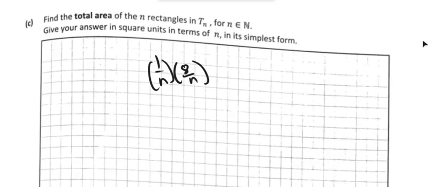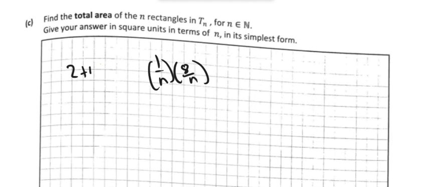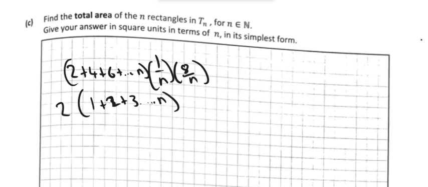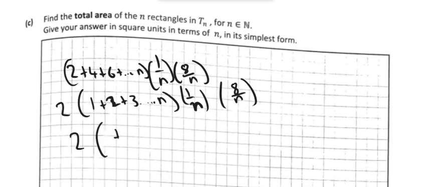So 2 plus 4 plus 6 plus all the way up to n, and that will form a sequence. Then you can take 2 out actually, so 1 plus 2 plus 3 all the way up to n, and that's just the natural numbers. So we have something in terms of n that we can say for that. So we can call that 1 over 2 times n times n plus 1.